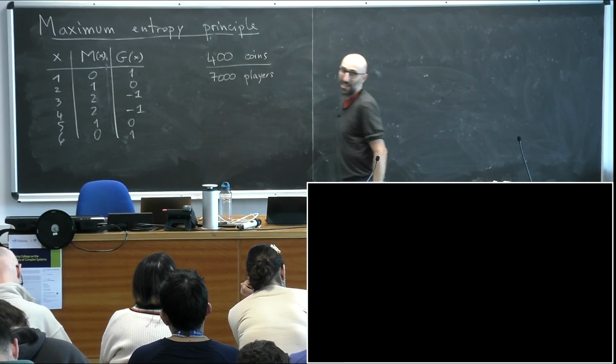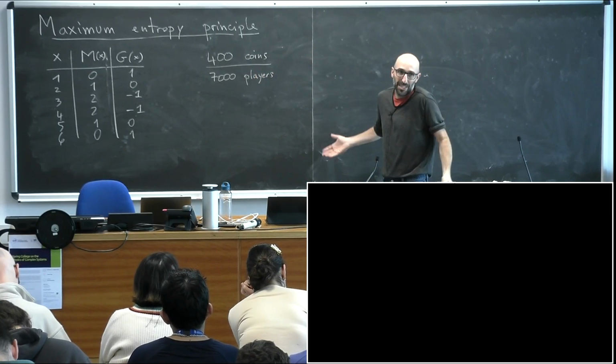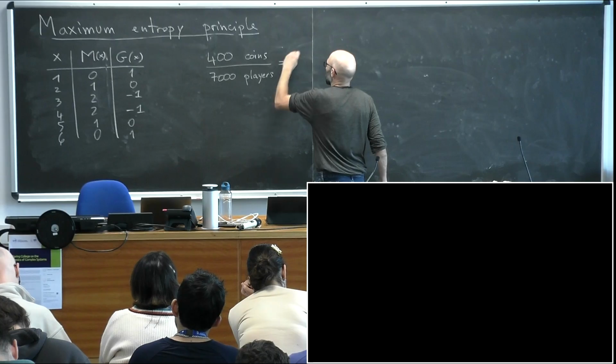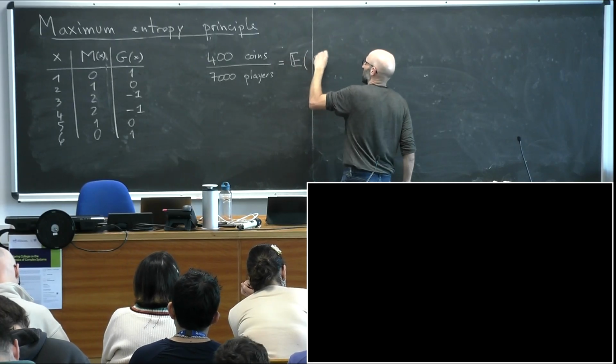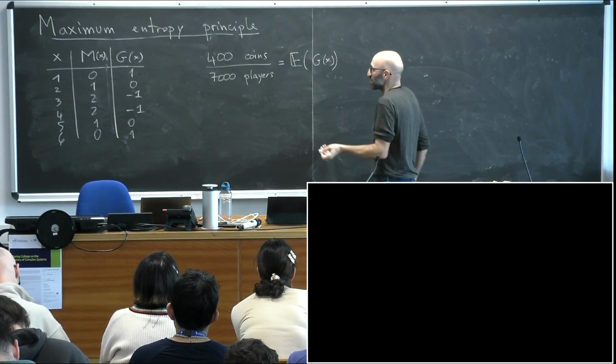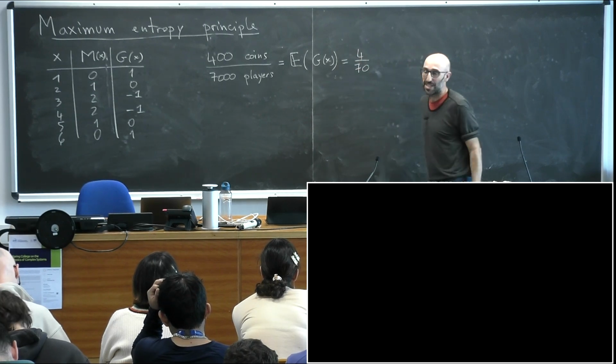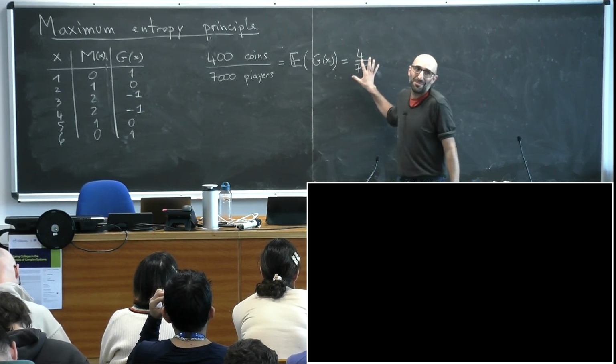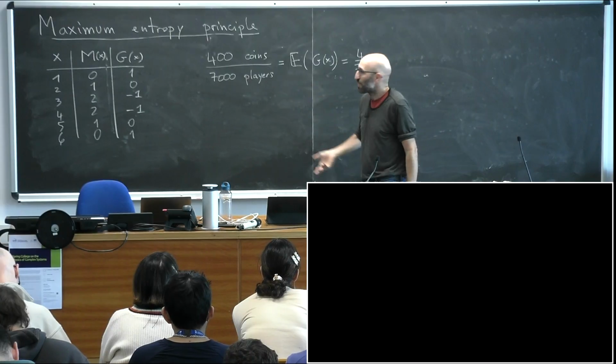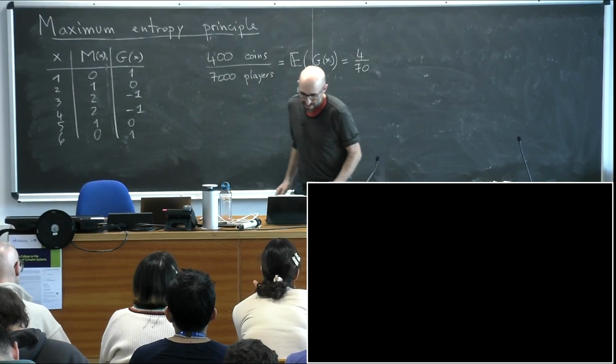So you can say, okay, the average gain last year was 4/70. Okay, so it's a small gain per play, but non-zero.